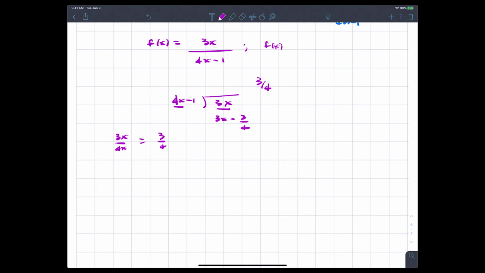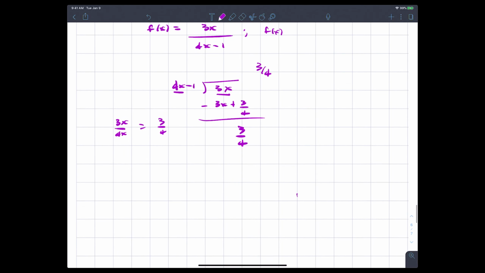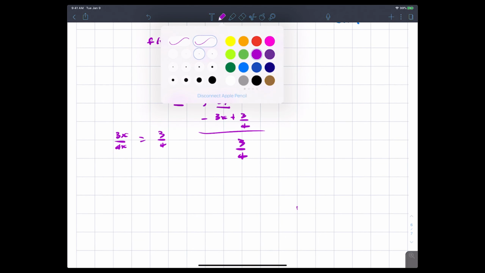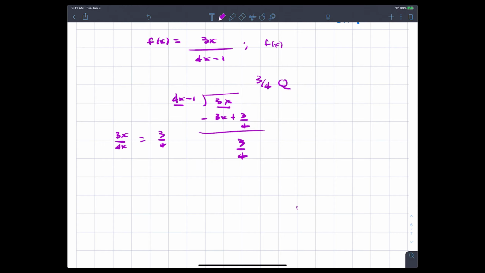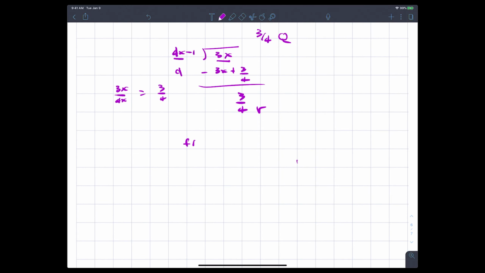Now I subtract, and I simply get the constant 3/4. And now you say, well, what does that mean? Well, this is the quotient. Here's your remainder. Here's your divisor. So this function, f of x, is the equivalent of some constant plus 3/4 over 4x minus 1.